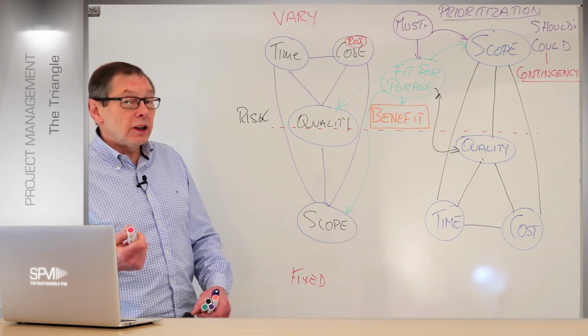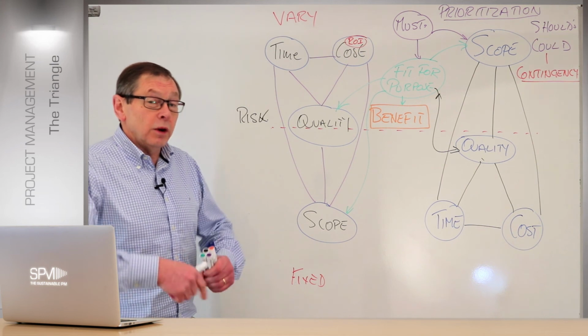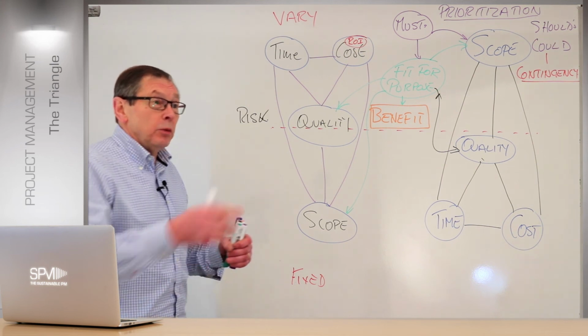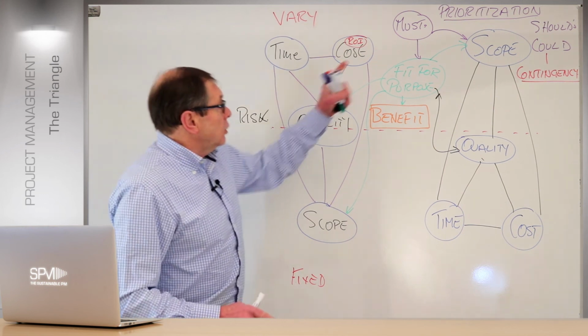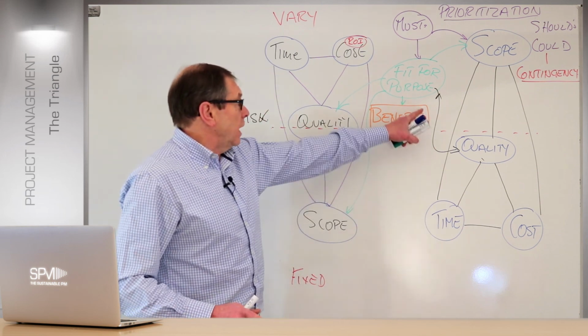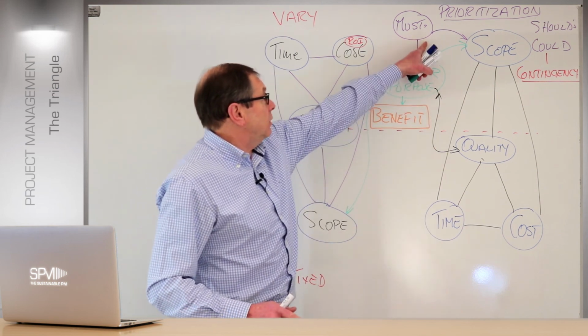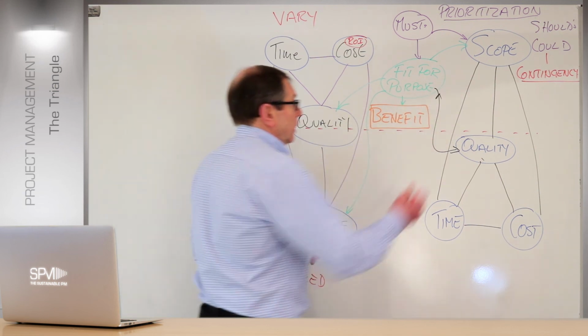And that gives us an indication that if sometimes we can leave scope out and the solution still works, we've got another form of contingency, but we also need to concentrate on what scope we must deliver. So if we switch the whole diagram around, this changes everything. Right. It still allows us to deliver the benefits we need because now we understand what those requirements are from the scope perspective.